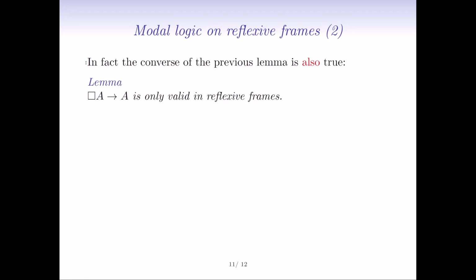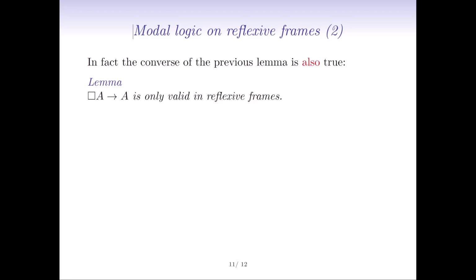Okay, so we just saw that the formula box A implies A is valid in all reflexive frames, but in fact, the exact converse of this is true as well. So not only is box A implies A valid in every reflexive frame, it is only valid in reflexive frames. In other words, if you find that the formula box A implies A is valid in a frame, then that frame must be reflexive.